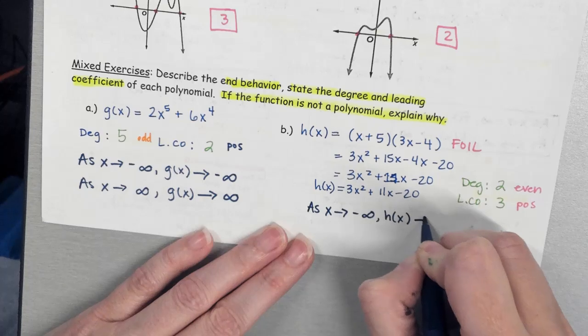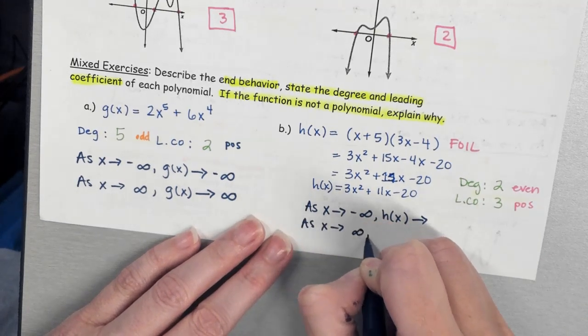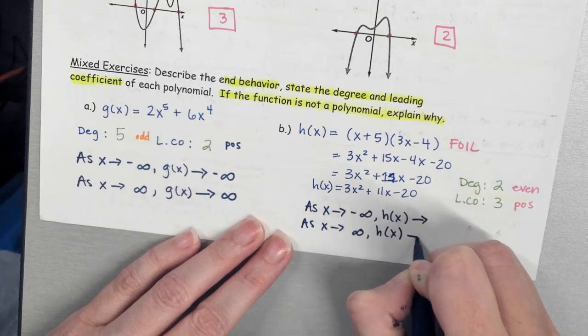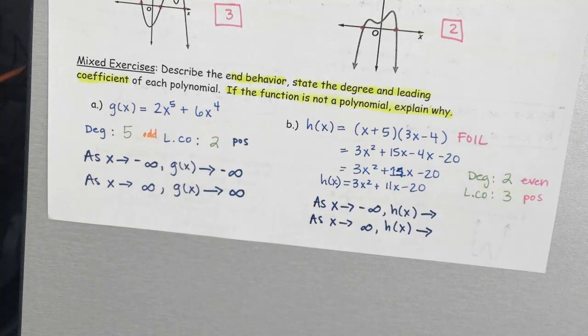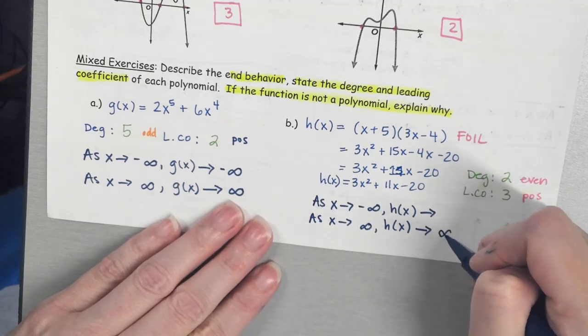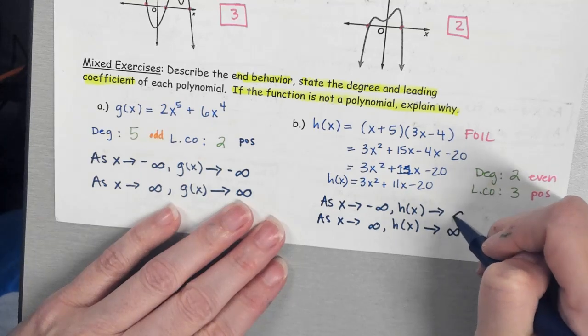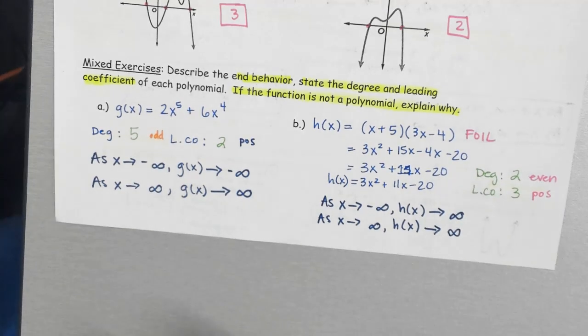And then you're going to fill in where the end goes. And as x goes to positive infinity, where does it go? So if it's positive, on the right side it goes up, so this should be positive infinity here. If it's even, they're both going in the same direction, so it should be positive infinity here.